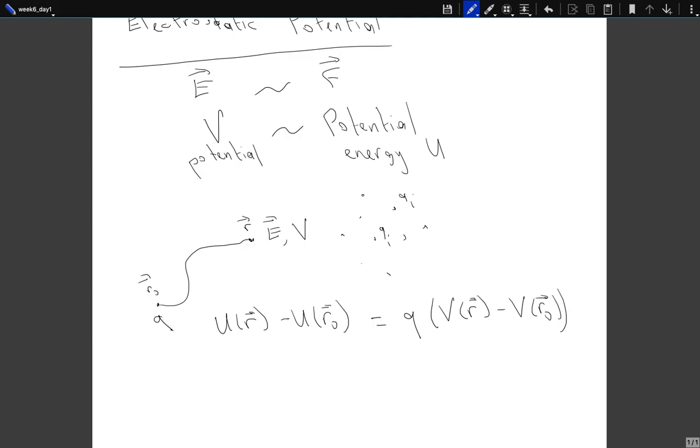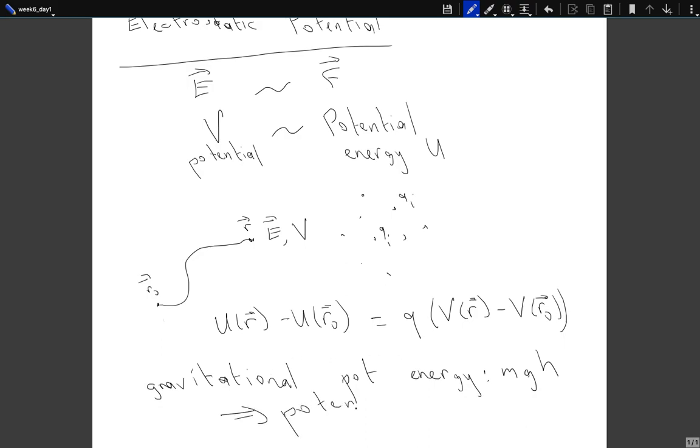If you would make a similar analogy with the gravitational potential energy, gravitational potential energy is defined as mgh. So if you have a mass m, if you put it at a height h, that is the potential energy. And you define the potential energy to be 0 when h is 0. And in that case, the analog of potential in the case of gravitation is just g times h.